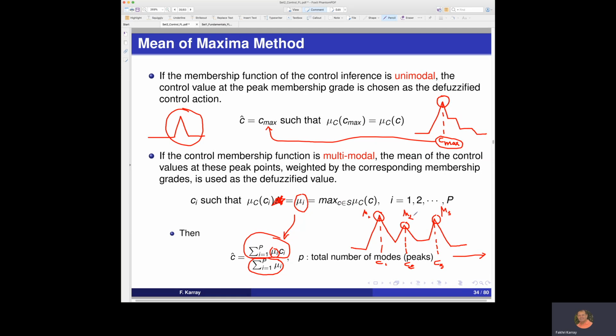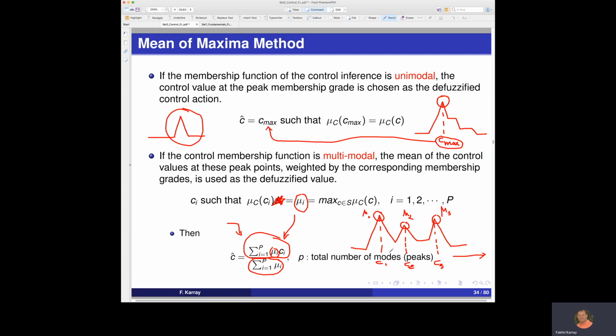So that's the mu1, the mu2, the mu3, and it could go on for p numbers. When we have a single unimodal, that's the value where the maximum occurs, and that's the control value, the defuzzified version. If we have several multimodal values, then we do this operation for this particular representation for this system.